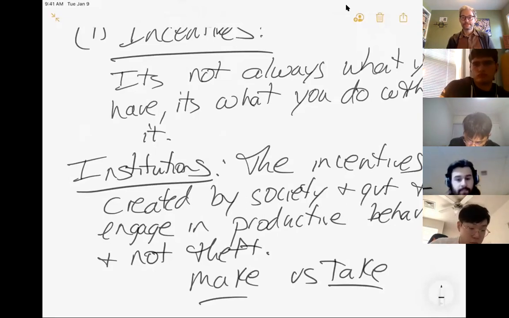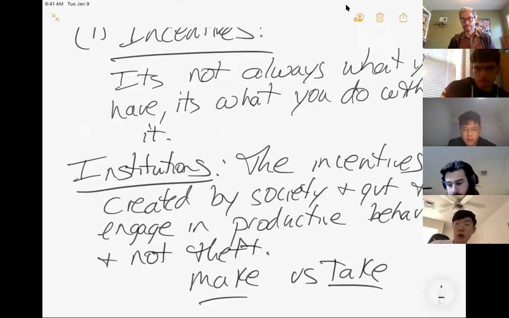But to the extent that society encourages you to get rich simply by taking, you're not going to create sustained economic growth.